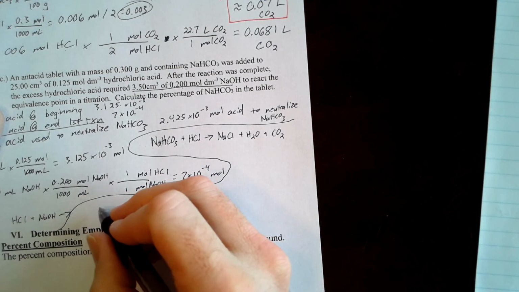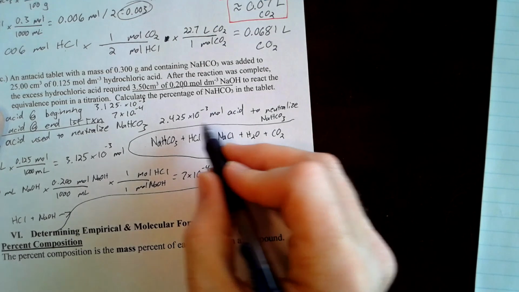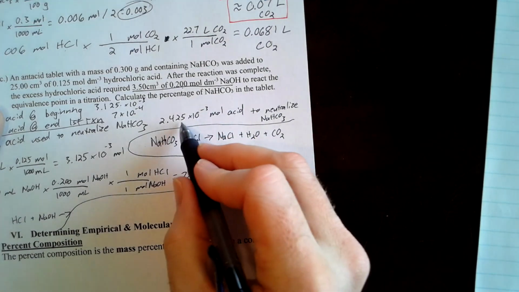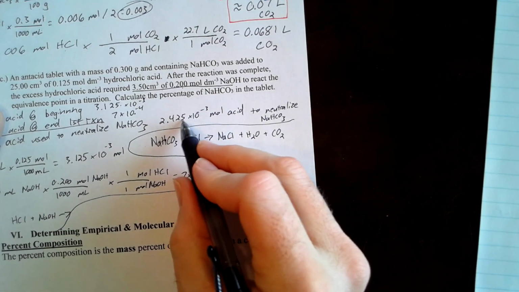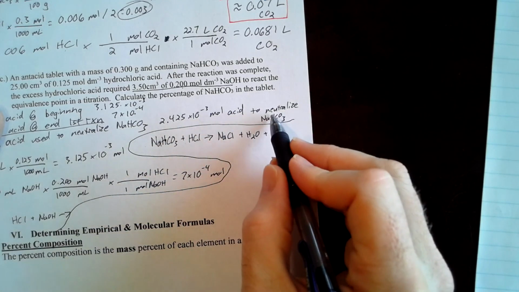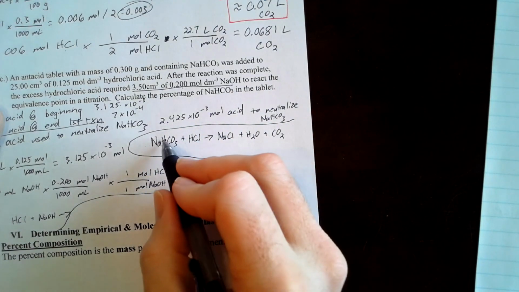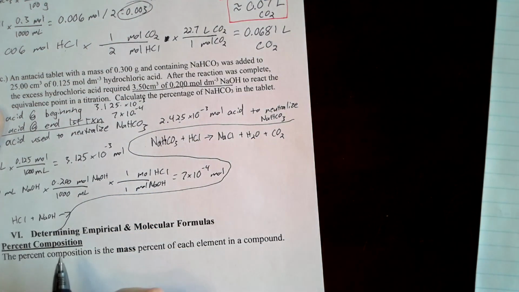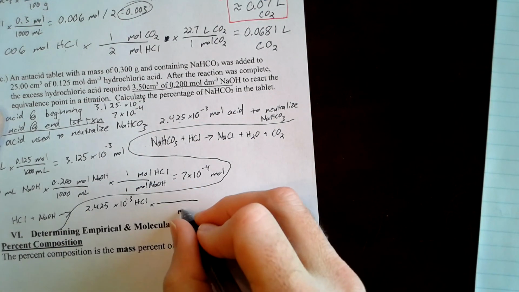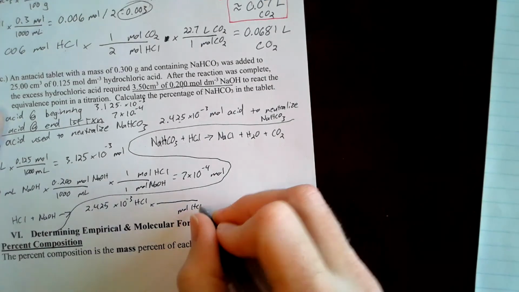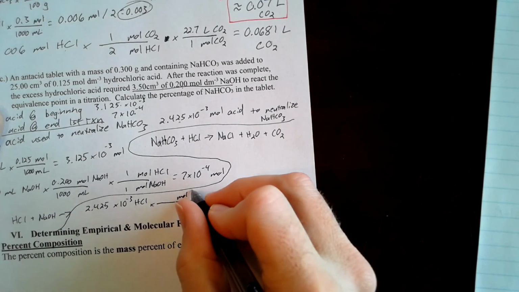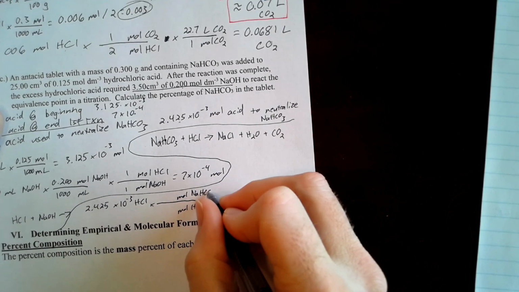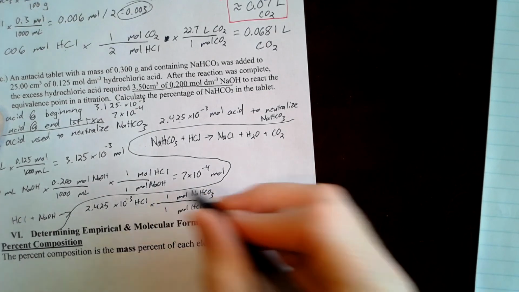This means that since we took this many moles of acid, that is the same number of moles of NaHCO3. Moles of HCl to moles of NaHCO3 is a 1-to-1 ratio.